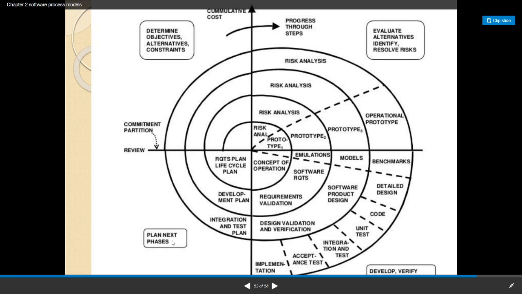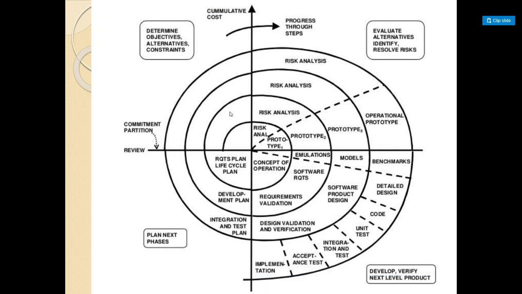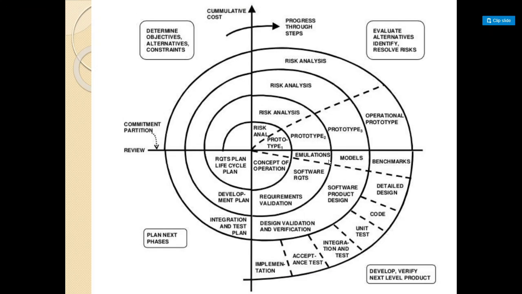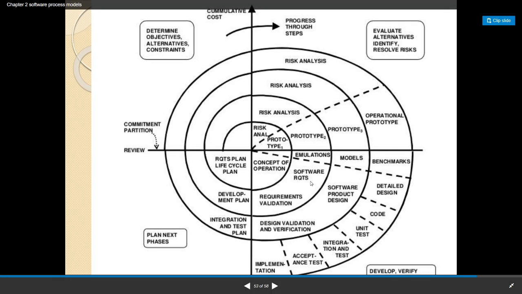Then next is to plan the next phases, that is, a requirements plan and life cycle plan are done. Then it goes again to determine objectives, alternatives and constraints. Again risk analysis. Then prototype 2 iteration is done. Then emulations, whatever is required, are done. Then again software requirements and requirements validation are done.